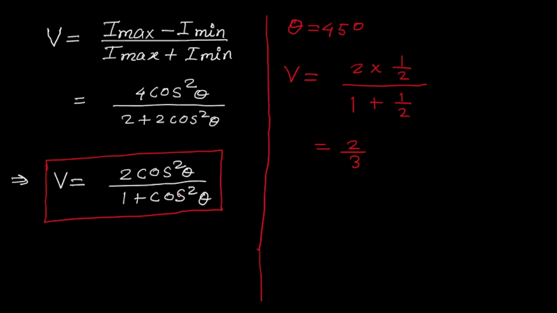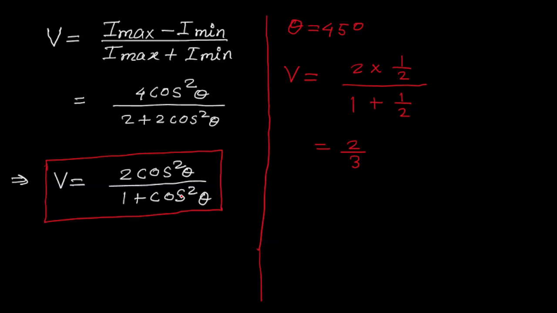Okay, so I hope you understand what the effect of this polarizer is. When you place this polarizer in front of one of the slits, we can change the visibility of the interference pattern from 1 to 0. Maximum will be 1 and minimum will be 0.